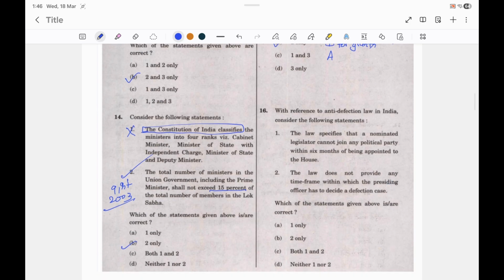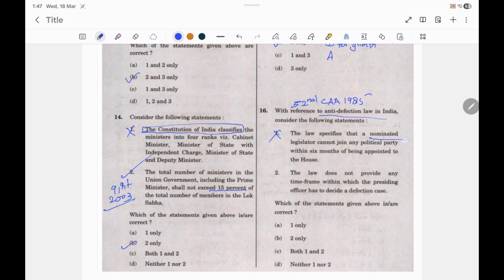Now, moving on to the next question, which is talking about the anti-defection law in India. It was added by the 52nd Constitutional Amendment Act 1985. Statement 1. The law specifies that a nominated legislator cannot join any political party within 6 months of being appointed to the House. This is not correct. Why?